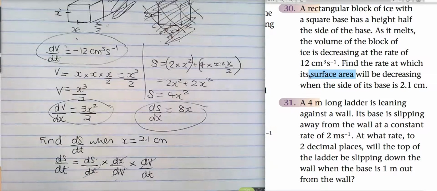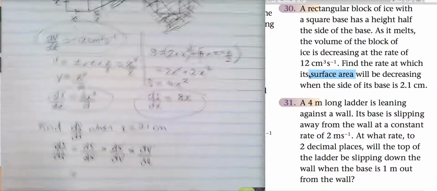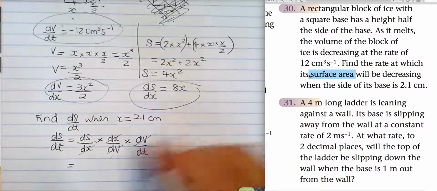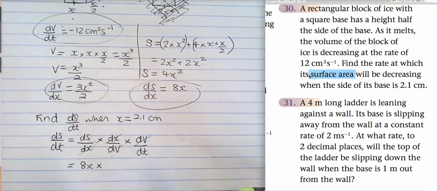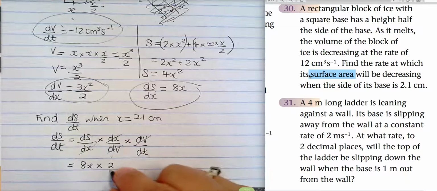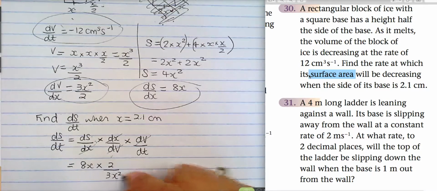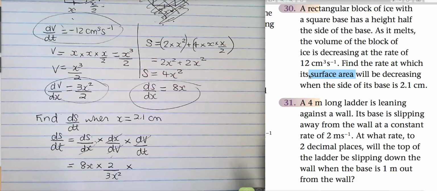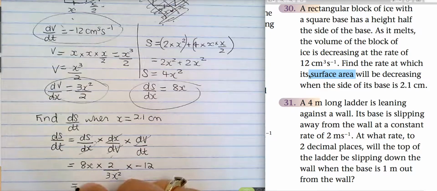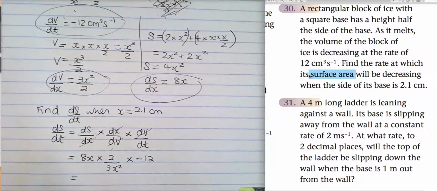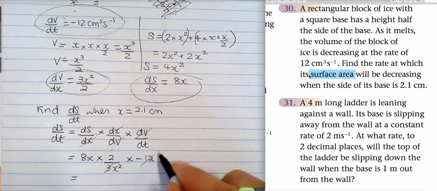You've got dS/dt, which equals, now substitute. dS/dx is 8x. dx/dV is the flip of that, so it's 2 over 3x squared. And dV/dt is negative 12. So you'll get something for that. Well, 3 goes into 12 4 times.